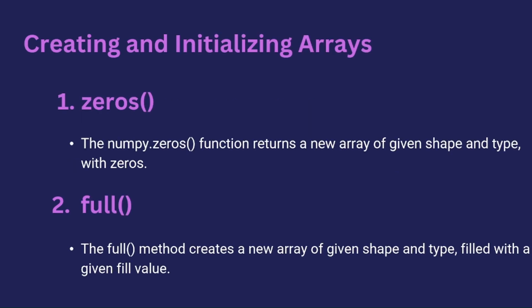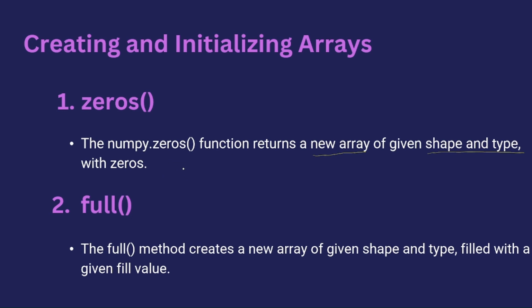Now let us see some other methods to create an array. First one is by using the zeros function. It returns a new array of given shape and data type but with zeros. It generates a new array which contains zeros and the size is given by us.